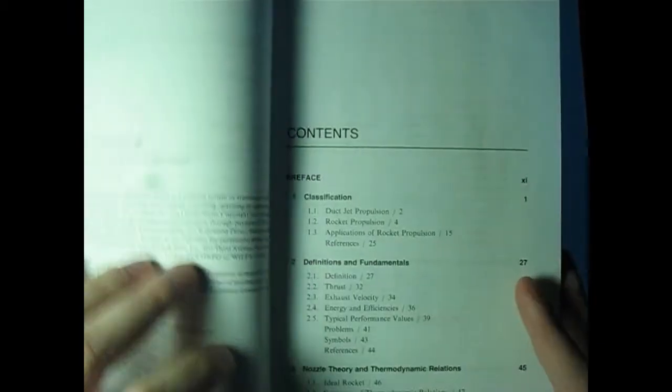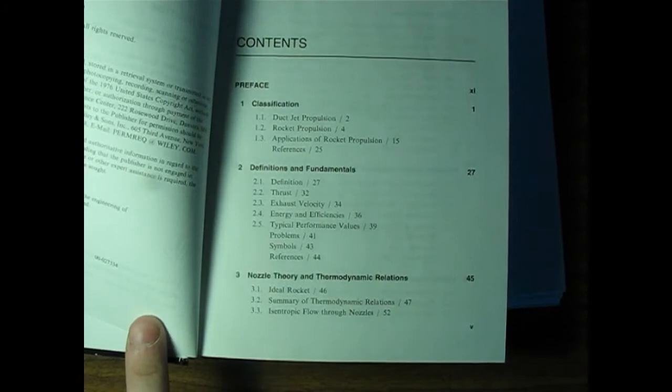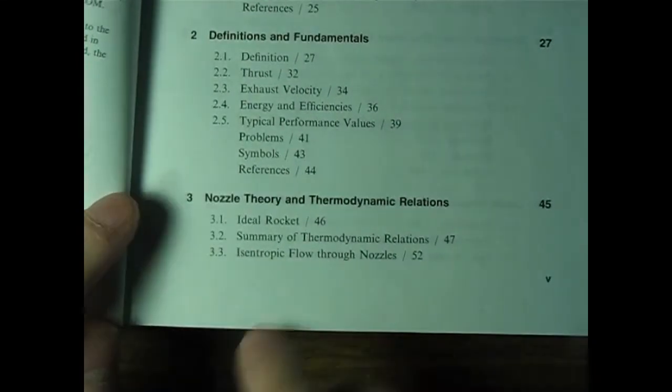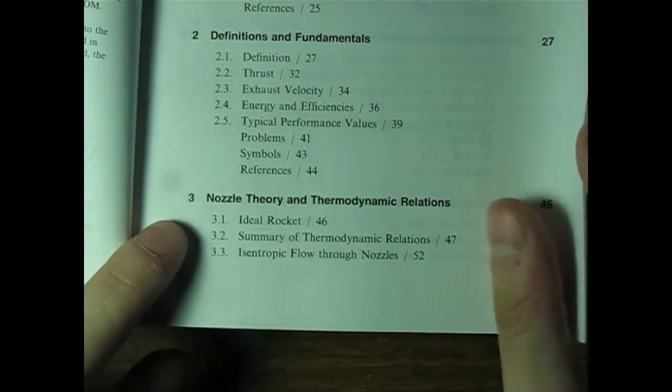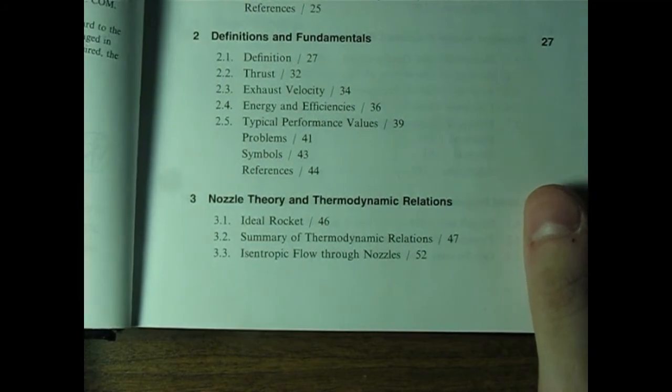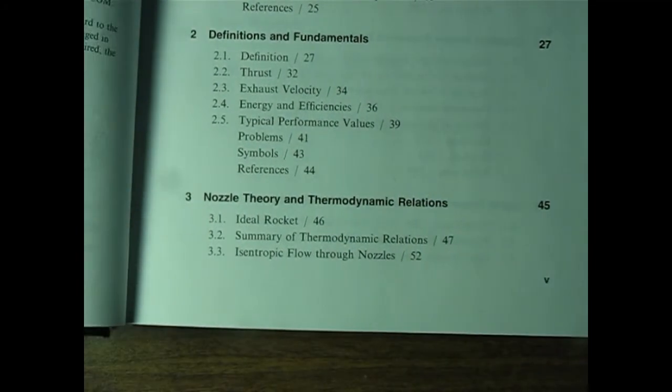Open it up to the table of contents. What we're going to be doing pretty soon here, chapter 3 covers nozzle theory and thermodynamic relations. So I thought we'd cover a lot of thermo today, and so we'll be prepared for that. Okay, so let's get started on some chemistry stuff.